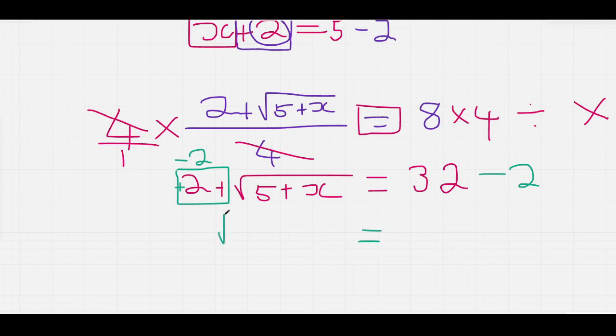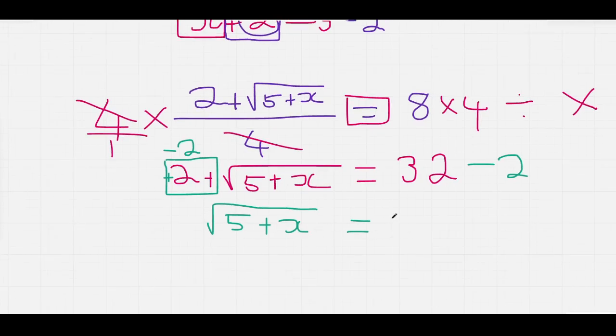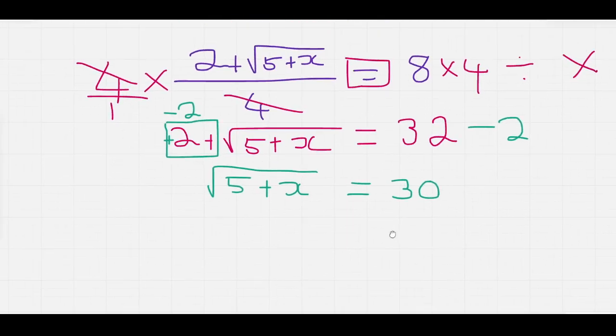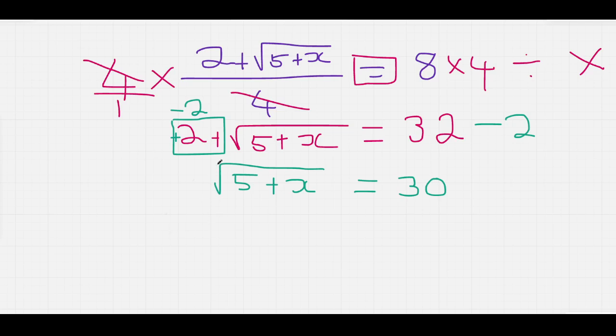Now I have the square root of 5 plus x equals 30. And now I want to get rid of the square root. This is where things sort of start to fall apart a little bit.